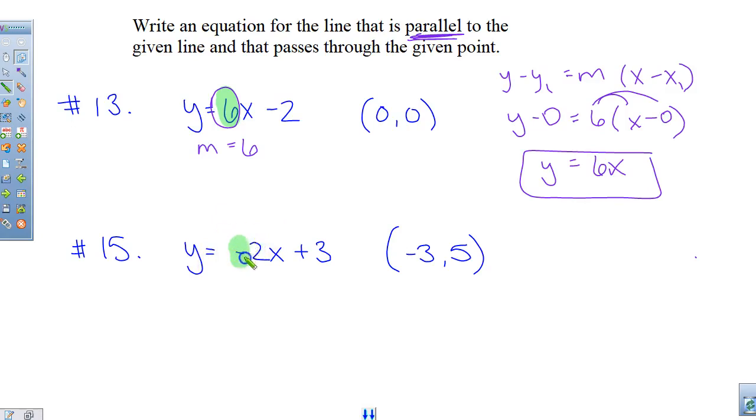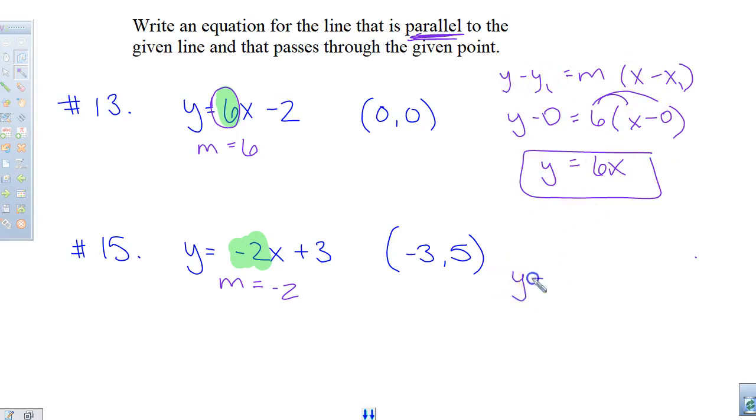Now for question number 15, my slope is -2, so I know that m is equal to -2. I know my point, I know my slope, so I'm going to put it in point-slope form. I hope you're catching the drift. We know a point, we know the slope, point-slope form.